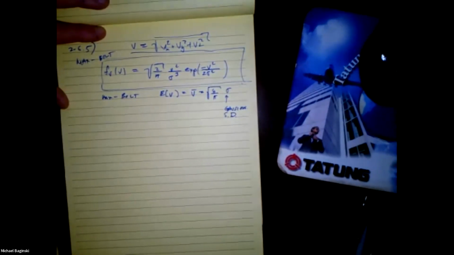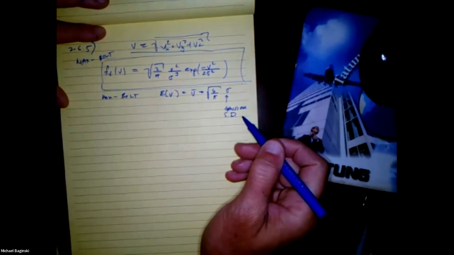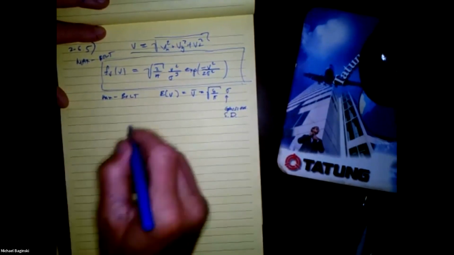So it has to do with the statistics of Fx, Fy, and Fz, or the associated orthogonal components, and it's important. That's the expected value.